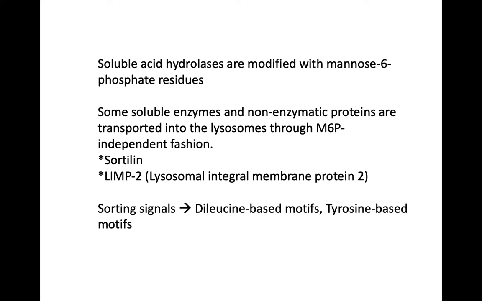Some proteins are targeted via the action of proteins such as sortilin and LIMP2. So these are M6P-independent pathways, but eventually this too will allow soluble enzymes and non-enzymatic proteins to be targeted to the lysosomal space.